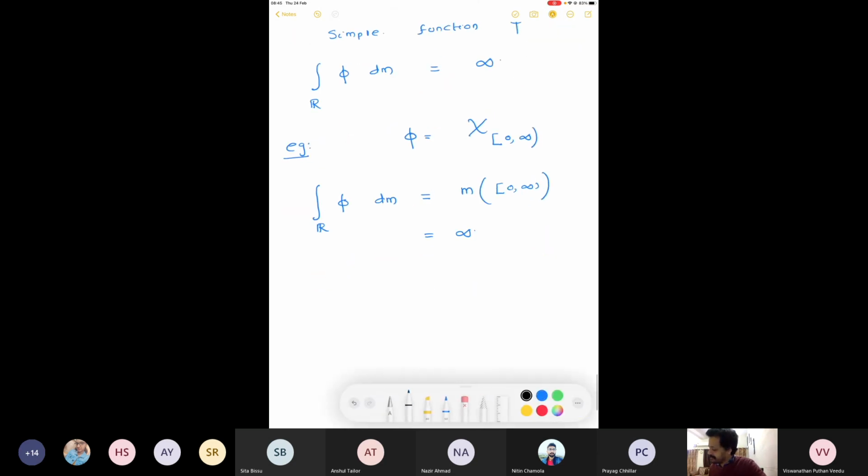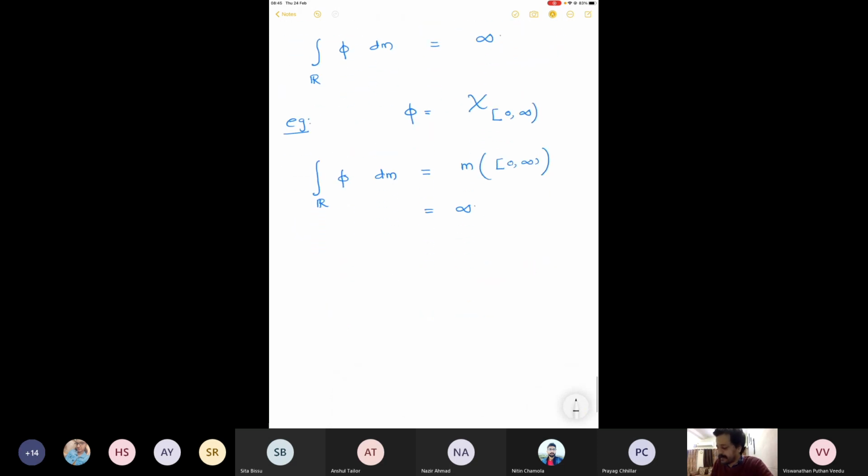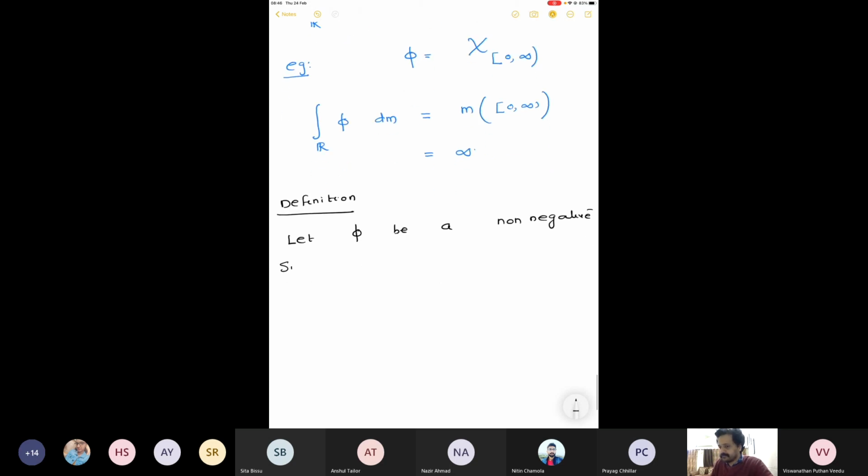Okay. Now, this example and this remark should motivate the next definition. Let phi be a non-negative simple measurable function. Sometimes I would write simple measurable, sometimes I will write simple, but keep in mind that for us, simple automatically means measurable.